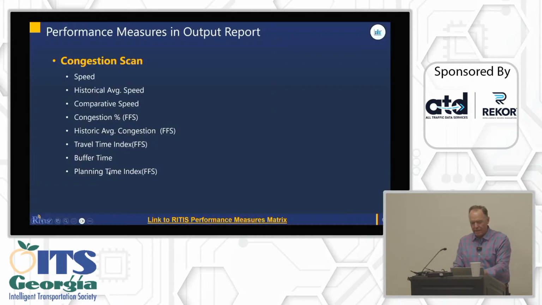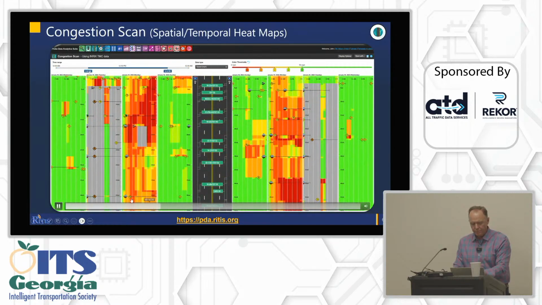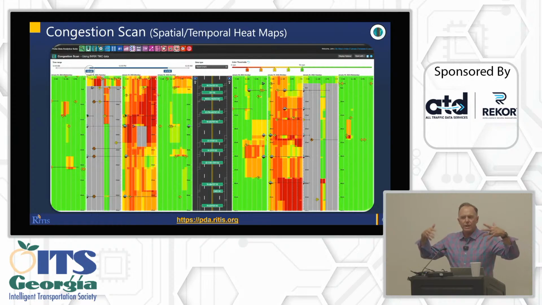Now, the issue that I have with congestion scan is that you can only look at one corridor, unlike the trend map, the temporal comparison map tool, or a bottleneck ranking analysis, where you can look at the whole state if you wanted to. There are linear roadway diagram based data visualizations and probe data analytics like the congestion scan that only let you look at a single corridor, one direction, the other, or both.